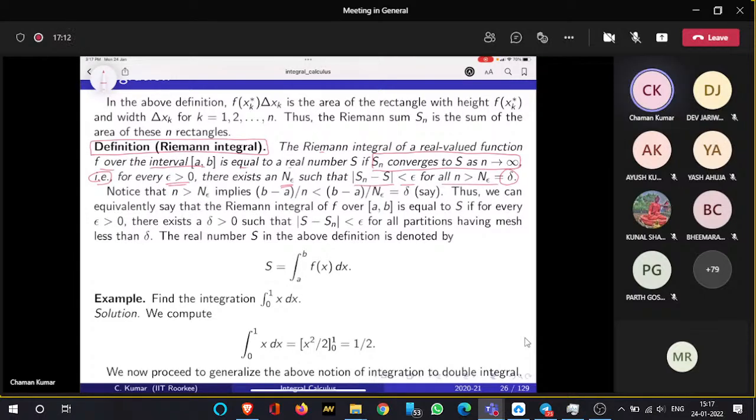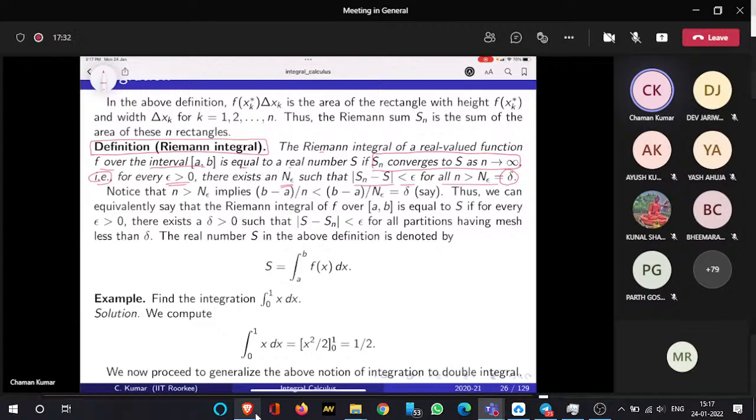So you choose an epsilon, and then you have to find an n so that the difference between Sn and S will be smaller than the epsilon you have chosen, and this should hold for every epsilon. If it holds for every positive epsilon, however small you take it, you'll always get one n delta after which the difference is always less than that epsilon. This is what we mean by Sn converges to S when n goes to infinity.